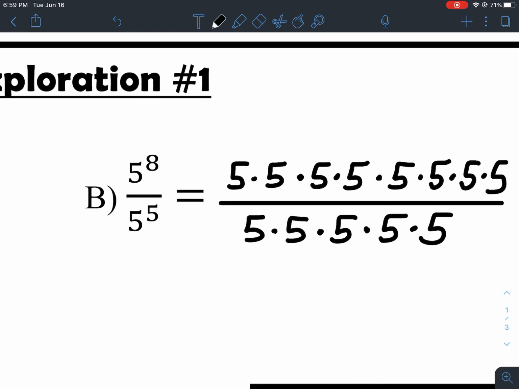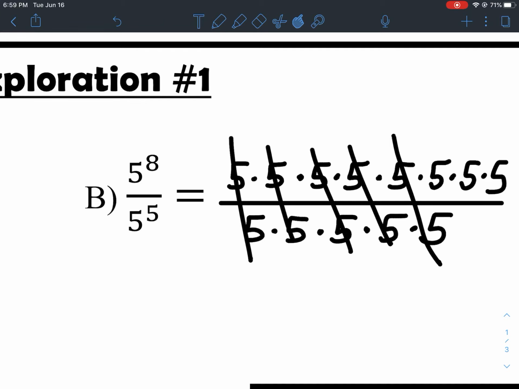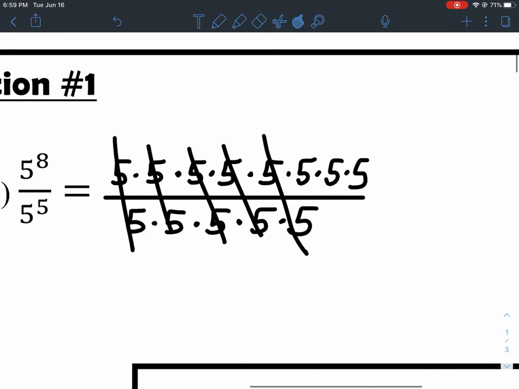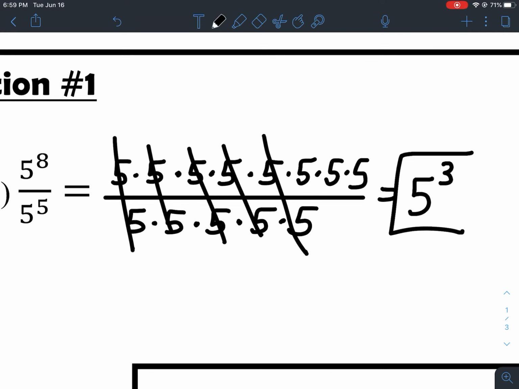And just like the last problem, we're going to cancel out 5 divided by 5. And it looks like we're left with 3 5s in the numerator. 5 times 5 times 5. We can simplify as 5 to the 3rd power.